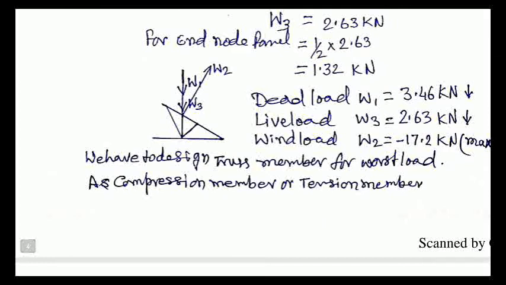Now at every node point or the purlin point, there will be three forces, as you can see here. W1 and W3, means live load plus the dead load, both will be vertically downward, and the load W2 or the wind load will be perpendicular to the inclined surface.